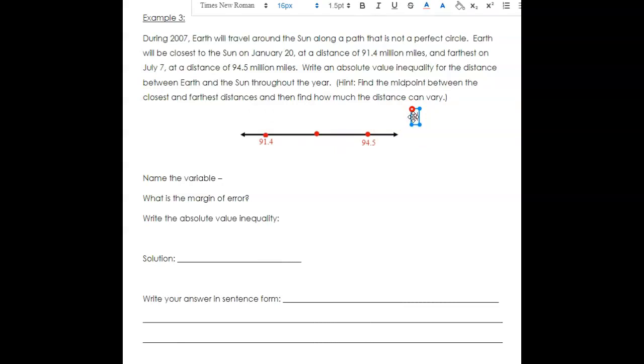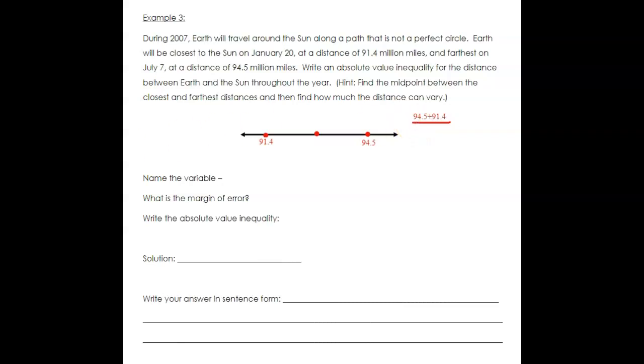So if I add 94.5 plus 91.4, and I divide it, so perhaps I can draw a little line underneath.